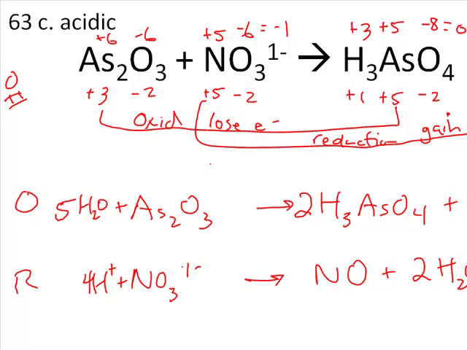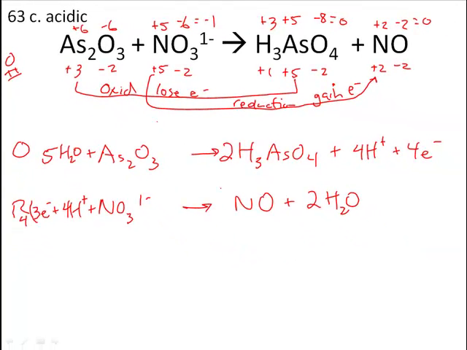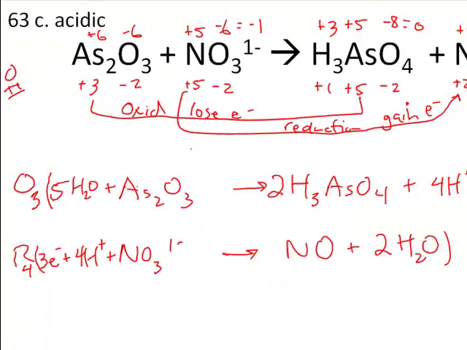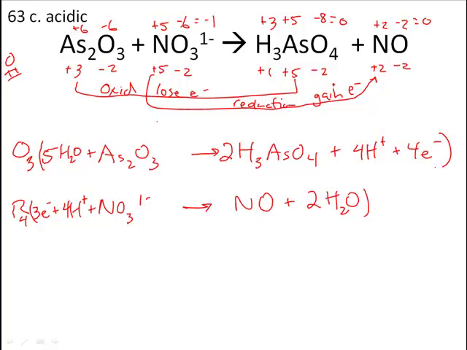That's 3 positives total, 0 on the other side, so we need 3 negative electrons to balance the charge. Now we have to equalize the electrons, so we would need to multiply the reduction reaction by 4 and the oxidation reaction by 3 in order to get the same number of electrons on each side.